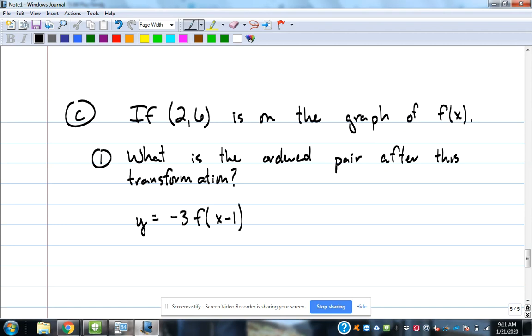What you want to think about here is the same things that we just did in example B. What transformations have happened to f of x based on that equation? So let's talk about the transformations that have happened there.